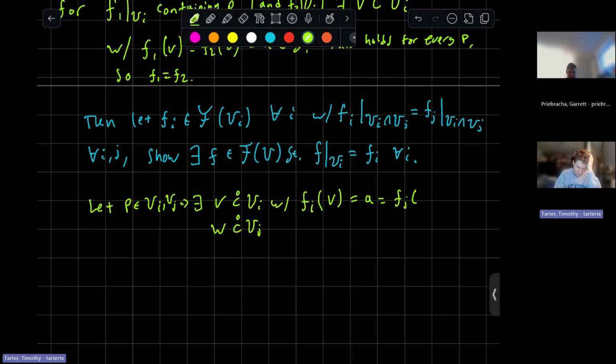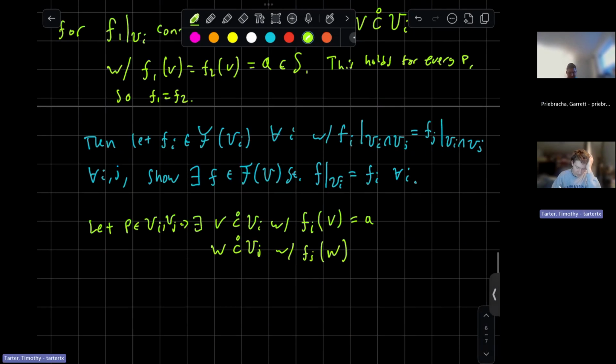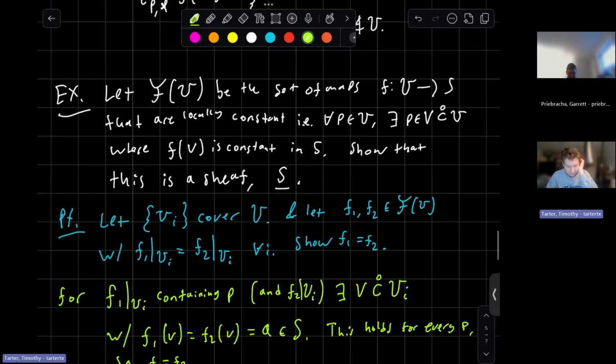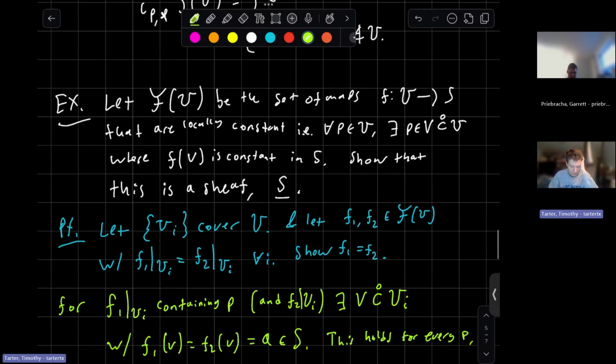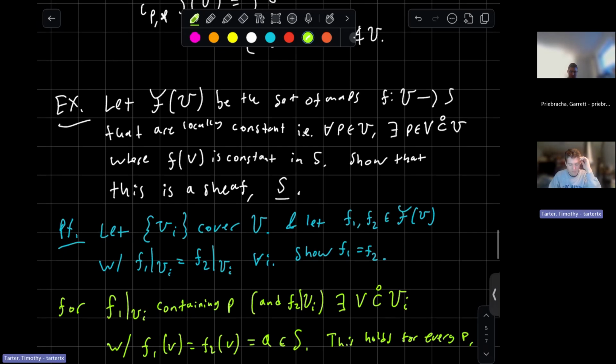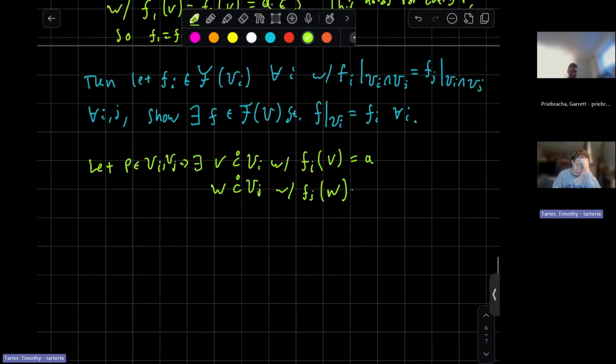And then they definitely don't have to equal the same thing. No, they do have to equal the same thing, right? Hold on, let's look at the definition. So we get a P in U. We get an open subset where it's constant. Does not have to be the same thing.